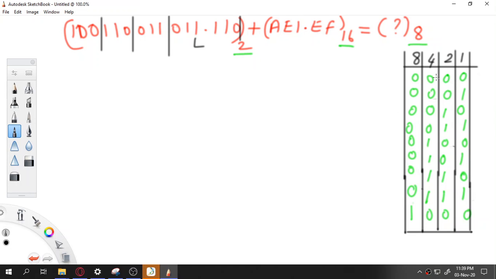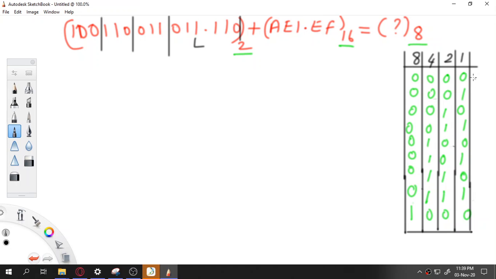If you know it by heart, that is not an issue, but it is better to write the binary values of these numbers and keep them in the corner so that it is easy to copy and do the sum faster, because time is important while solving problems in the NET examination. Now I have grouped into 3 and we write the values. When we are thorough with these numbers, there is no need for the table, but those who are not thorough are better off having a table on the side for reference.